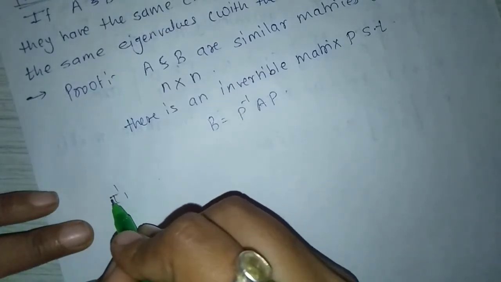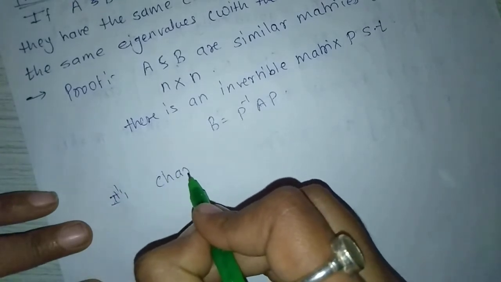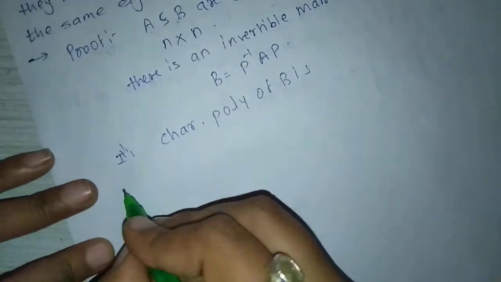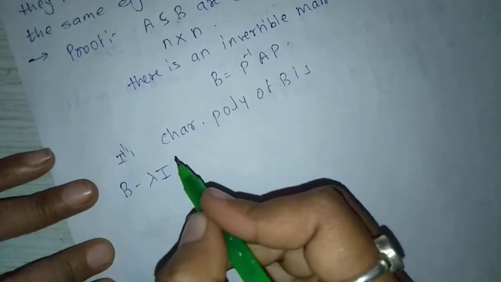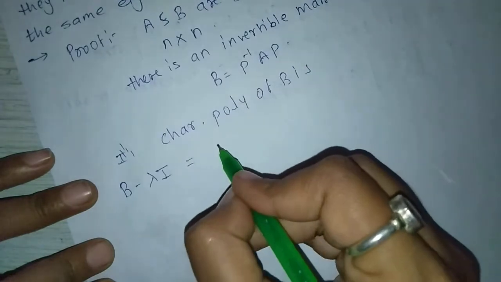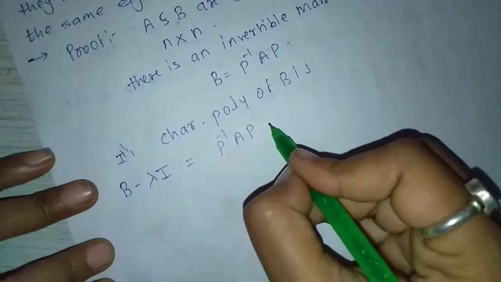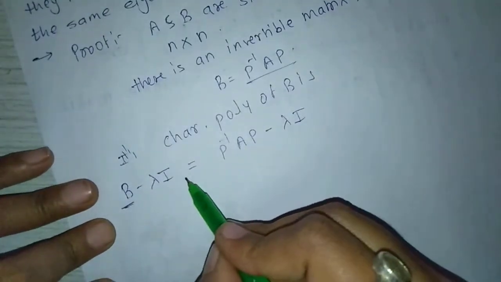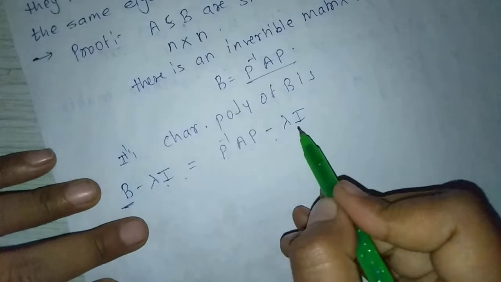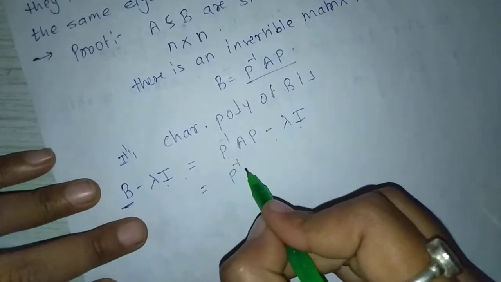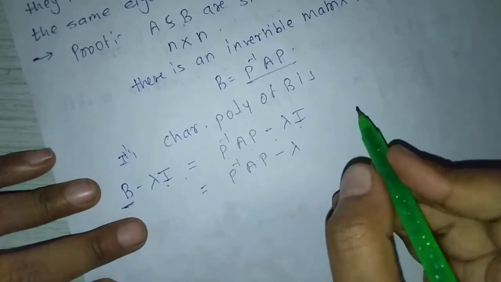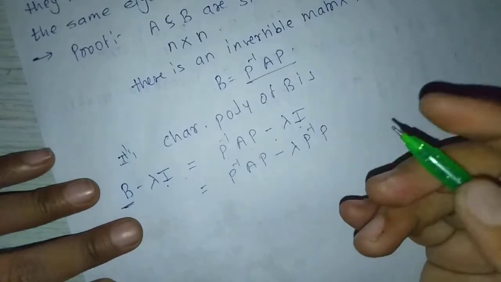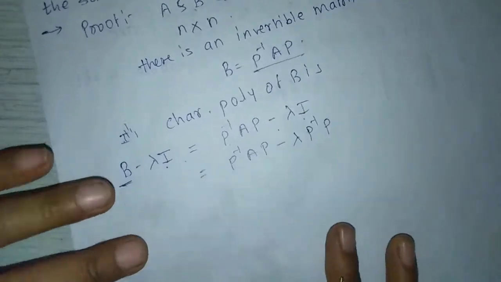Now calculate the characteristic polynomial of B: B minus lambda I equals P inverse AP minus lambda I, since B is P inverse AP. P inverse AP minus lambda I can be written with lambda I as P inverse P lambda I, because P inverse into P equals the identity matrix.